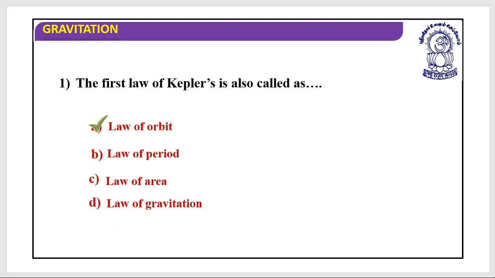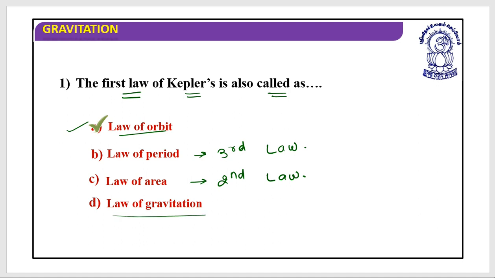Great. So now let's look at certain quick questions. Kepler's first law is also known as the law of orbits. The law of periods is the third law. The law of areas is the second law. And the law of gravitation was given by Newton, not by Kepler.